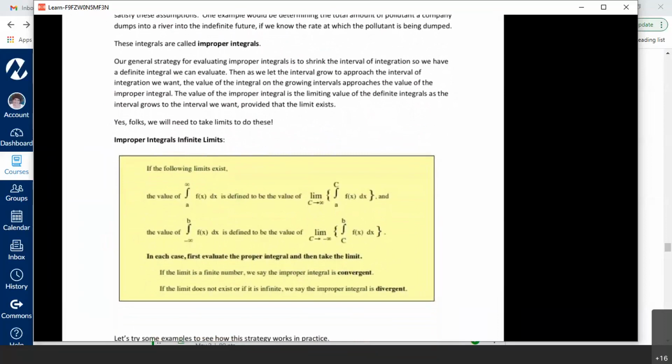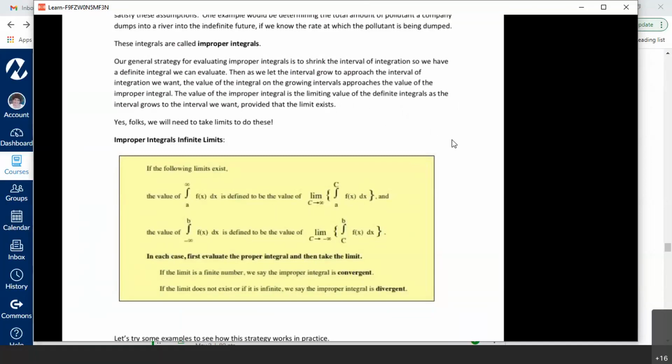You're basically saying, all right, pick some number to be the either negative infinity bound or the positive infinity bound. Like let's call it A or B or whatever. And then we're just going to let it get larger. Okay, we're going to let it approach a limit. Okay, so again, the value of the improper integral is whatever that limit is, if it exists.